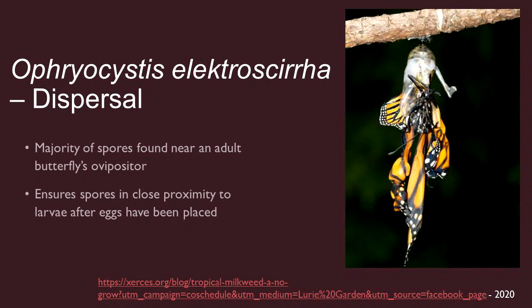And an ovipositor is a placement device that many insects have that's used for placing and moving around eggs. And this ensures that the spores are close to the larva, which will hatch from said eggs when they're placed.